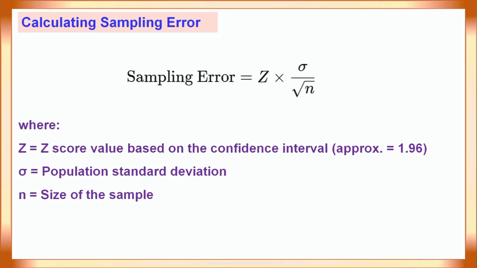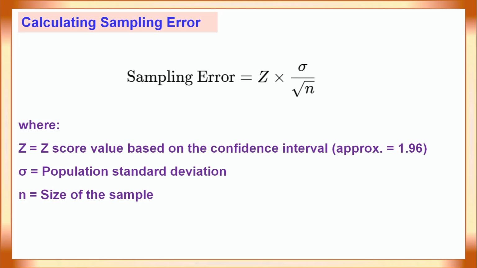You can easily find it in your z table. Now, sigma is the population standard deviation. In most cases, as you do not know the actual value of the population standard deviation, we use an estimate of it, that is the sample standard deviation.